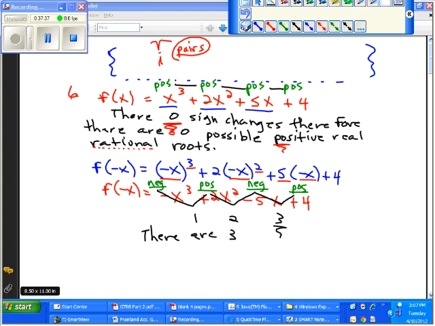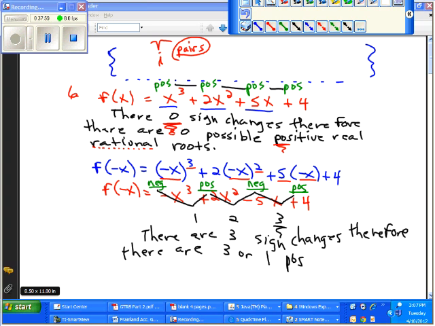Let me write my whole sentence. There are 3 sign changes. Therefore, there are 3 or, dropping out 2, 1 possible negative real rational roots.